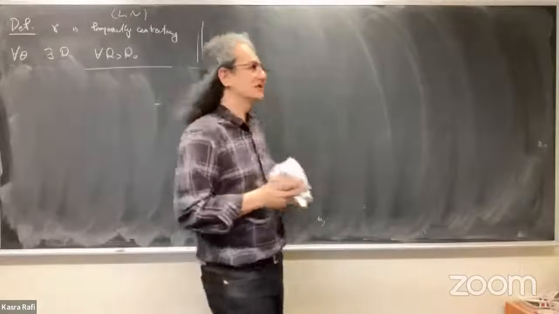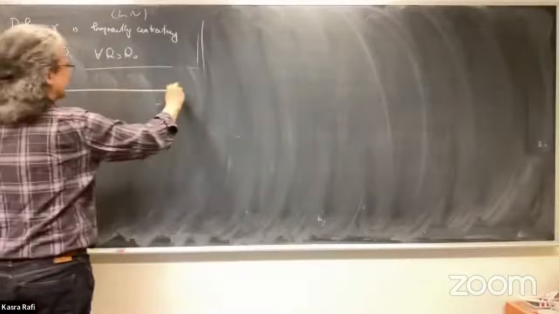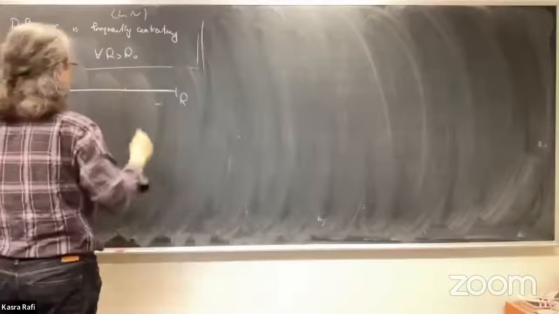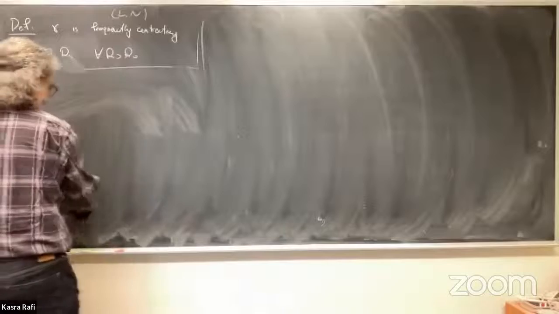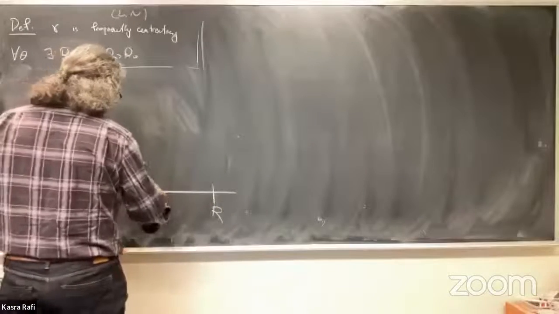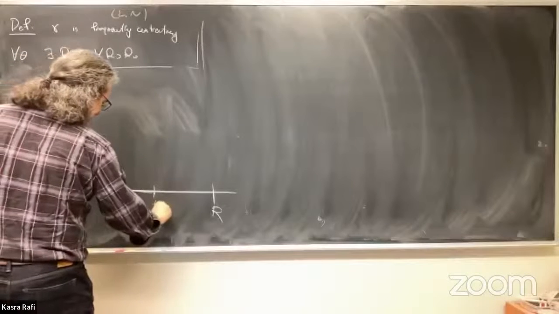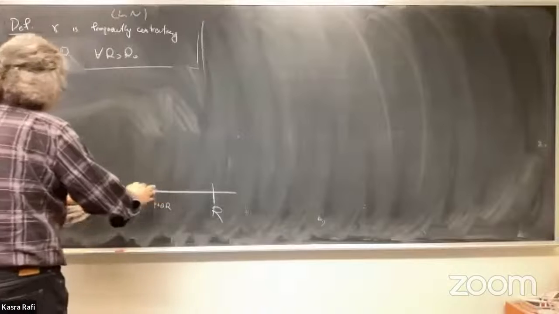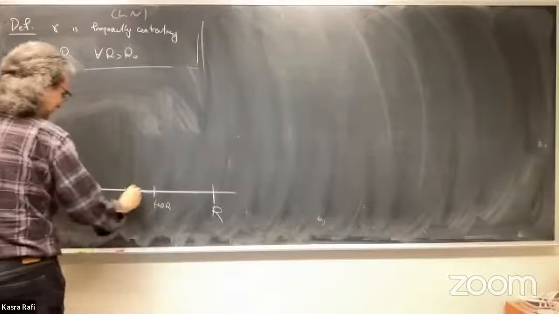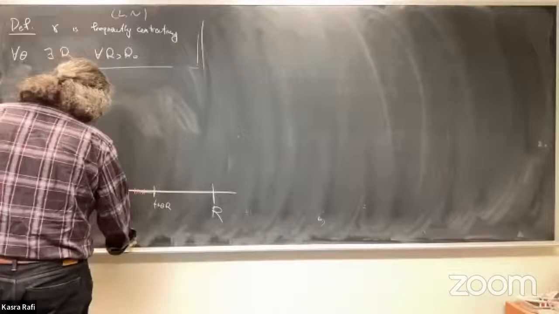Which means for every r and every subsegment of length theta r, it could be anywhere you want, you have to have a thick contracting subsegment.